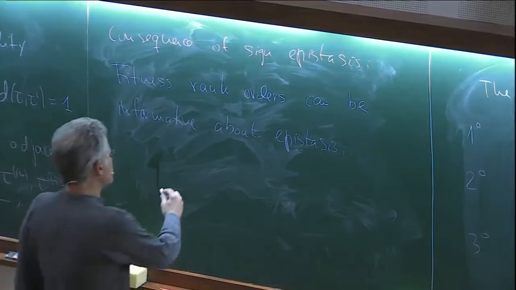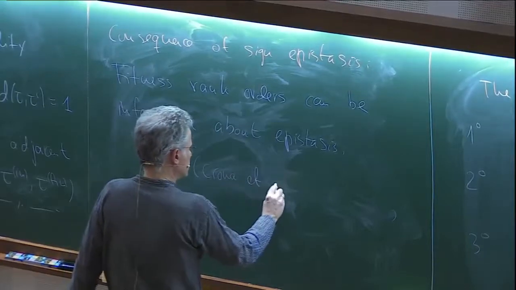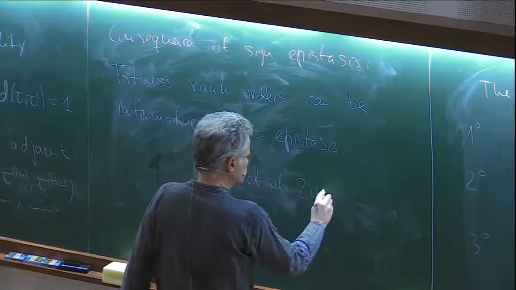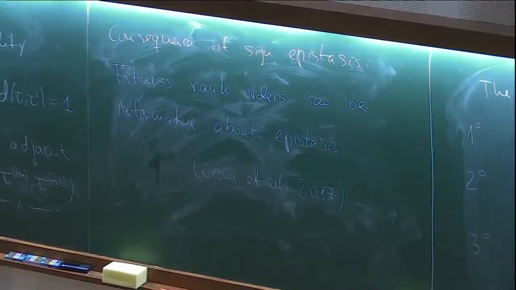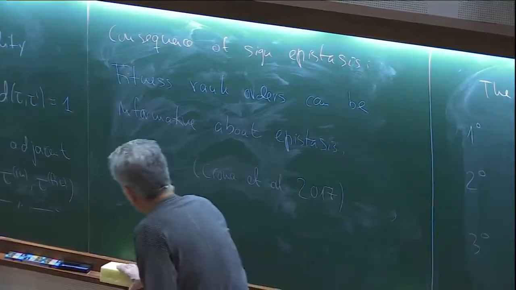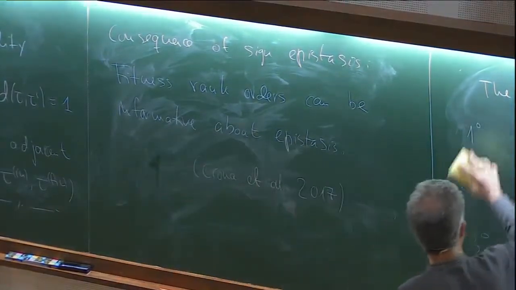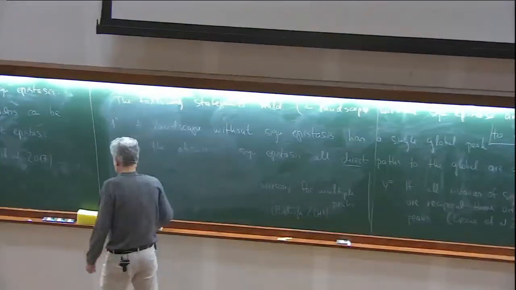So this is the idea of this paper, Krona et al. in eLife. And you can ask under what conditions does this work, and we can again look at the two locus case.